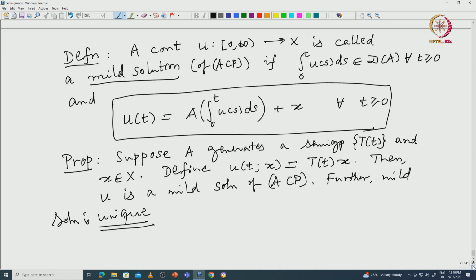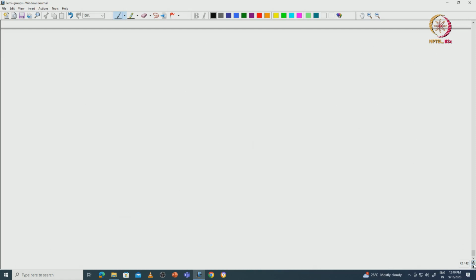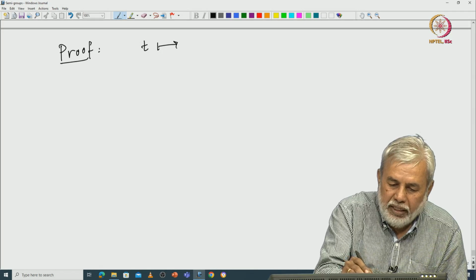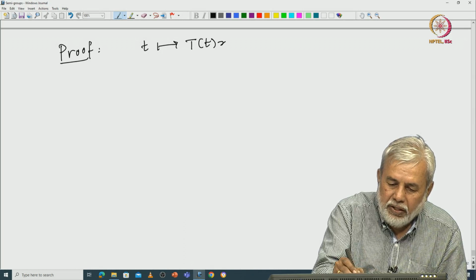So only uniqueness is to be proved. So we already know that T(t), when T is a semigroup, is continuous.